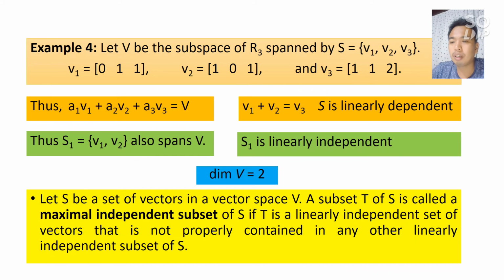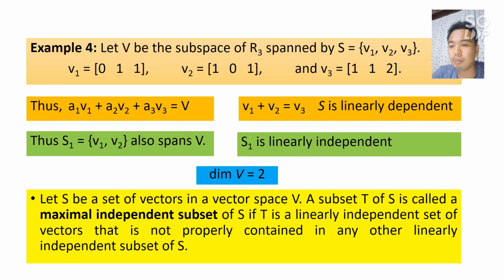Example number 4. Let V be the subspace of R sub 3 spanned by the 3 vectors v1, v2, and v3. Thus, every vector of V is formed by a sub 1 v1 plus a sub 2 v2 plus a sub 3 v3.